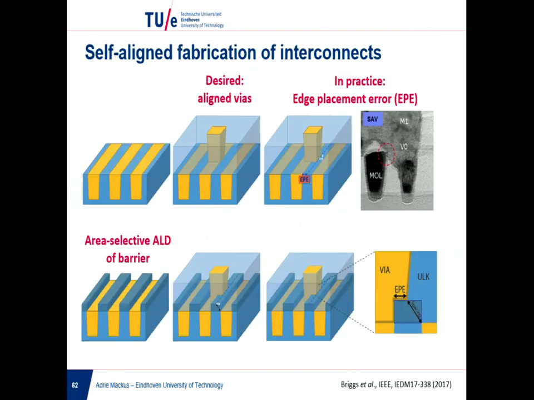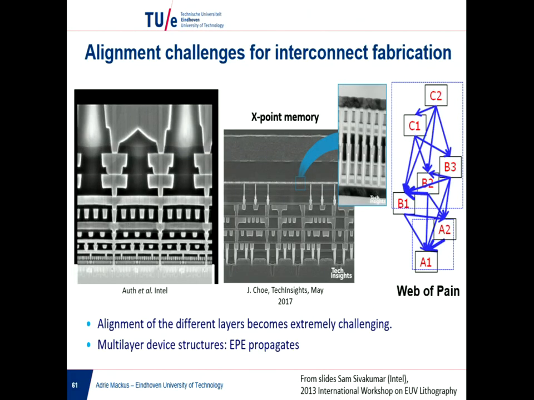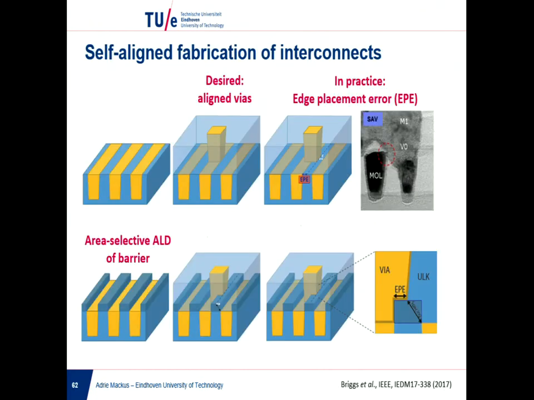So let's look at one specific application. These vertical connections are called vias. What you basically want is that if you do the patterning of this via, it nicely lands at the right spot. But in practice, as we have just discussed, you get an edge placement error, EPE. Here you can see an example of where it goes wrong.